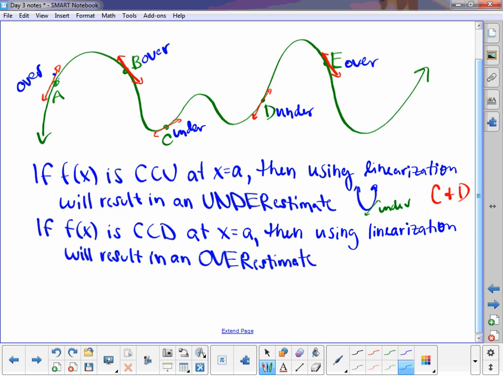And again, if we stop and think about that, concave down, all my little tangent lines are going to be above it. So we have that it's an over. And for our example here, that was A, B, and E.